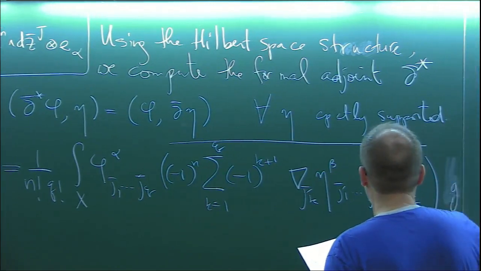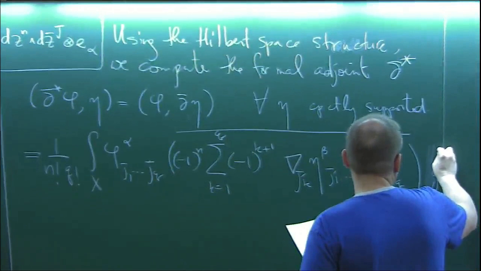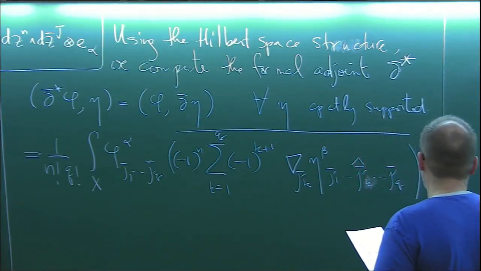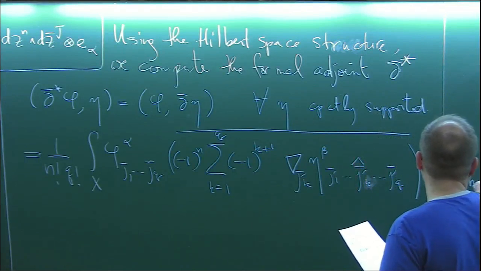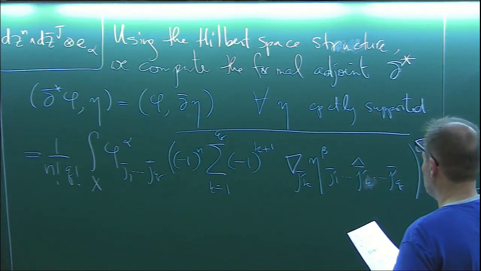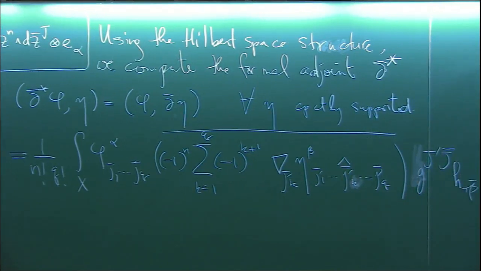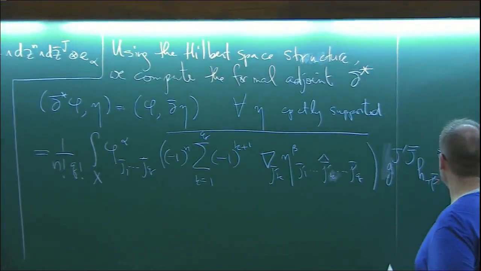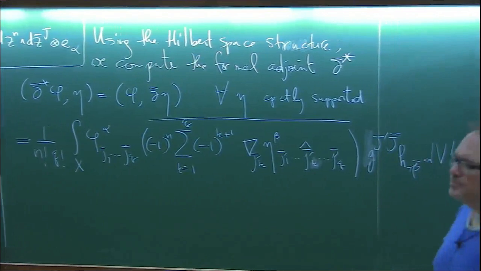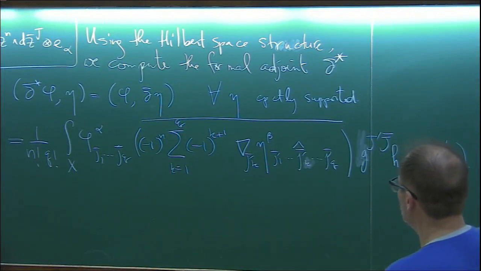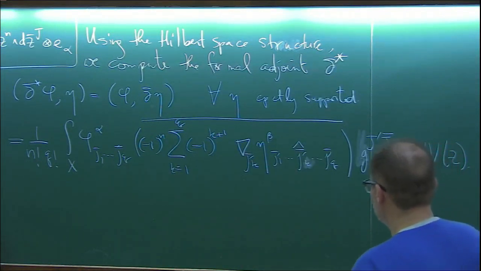So g j prime j bar h alpha beta bar, and that's good enough. That's times the Lebesgue measure, dv of z. All right.